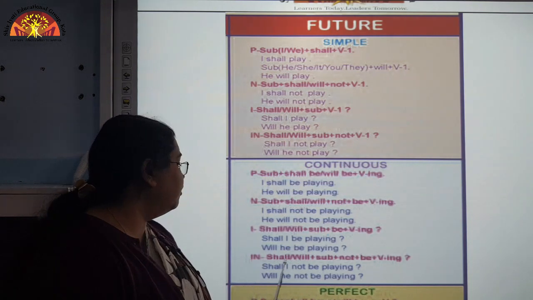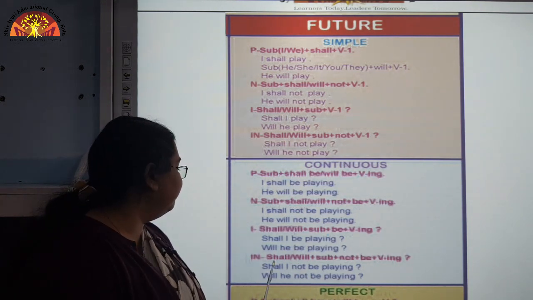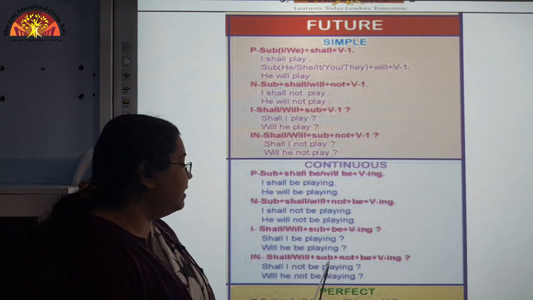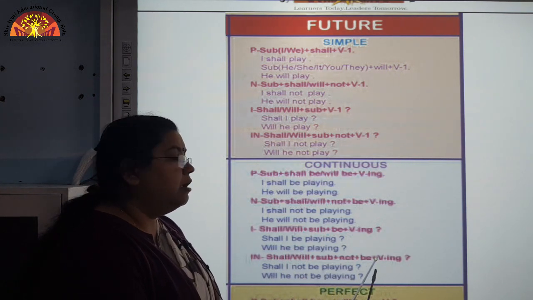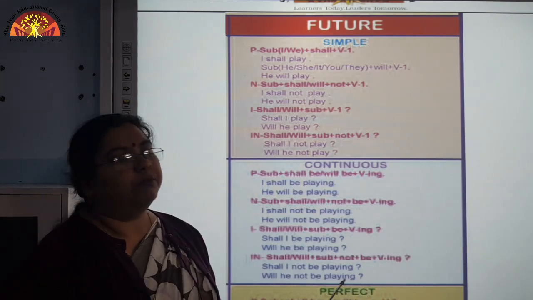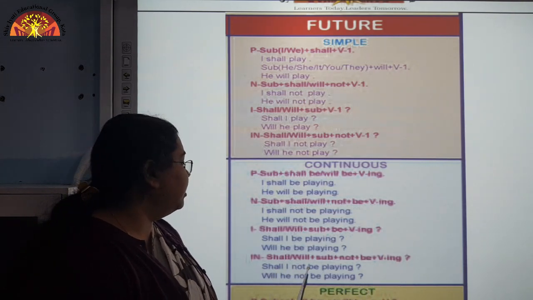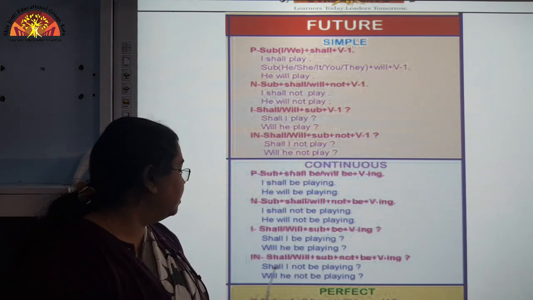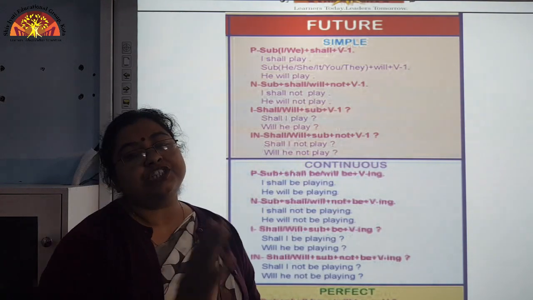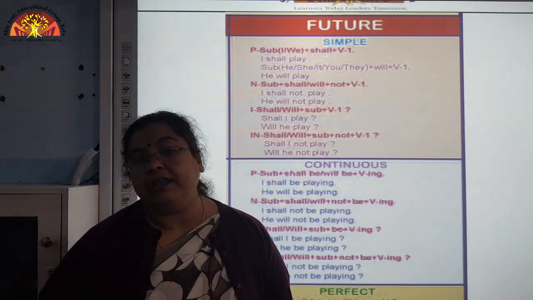Now, interrogative negative sentence, again we will bring the helping verb first. So, shall or will plus subject plus not, then followed by be plus verb ing form. So, shall I not be playing? Will he not be playing? Will she not be writing a letter?